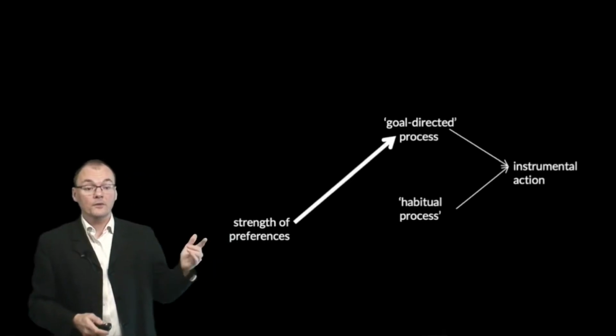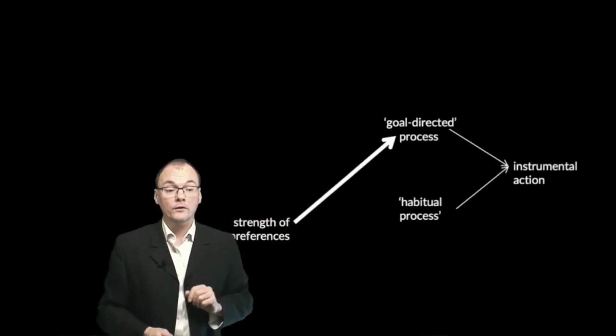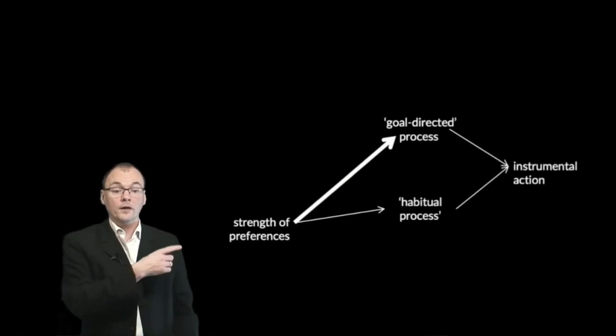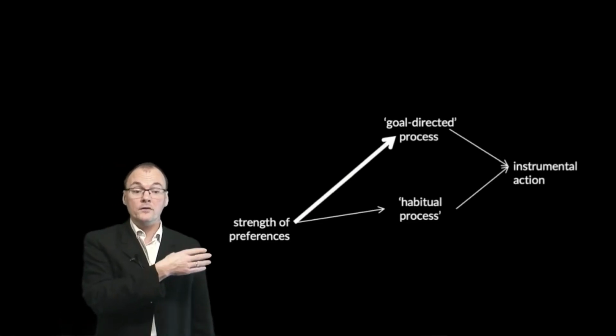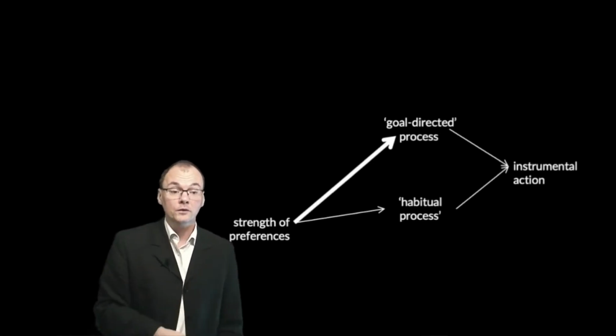Furthermore, some factors, like the strength of preferences, will have a strong effect on one process and only a weak effect on another process. And this is why devaluation is so important to us. Devaluation is an intervention on the strength of the rat's preferences for the novel food.